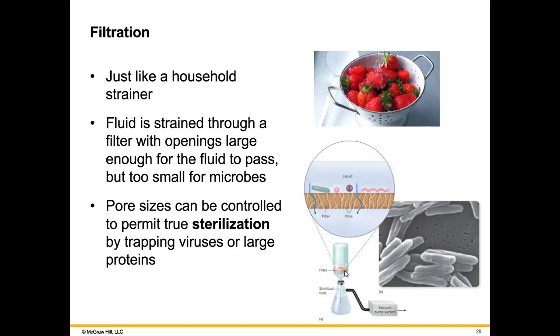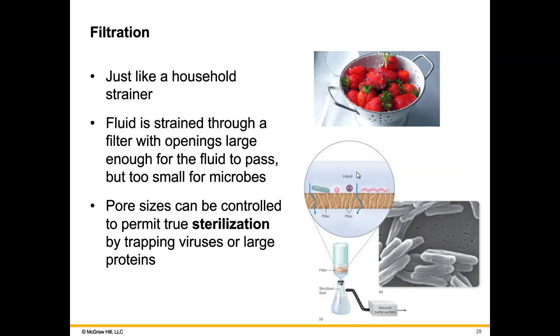So this filter here is shown very largely. We can see the filter in the background. These little rod things are bacteria, and you can see the pores of this filter are so small that the bacteria can't pass through, but the liquid can, the water can.